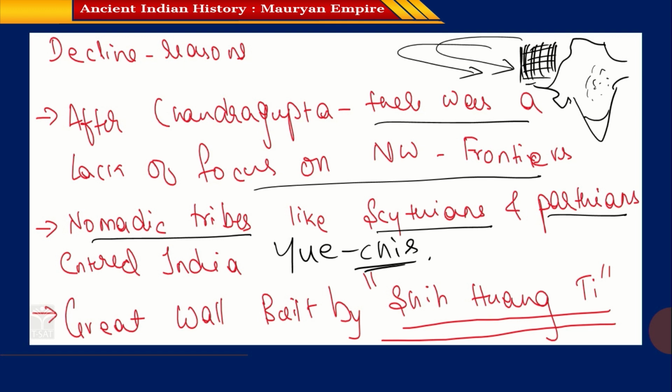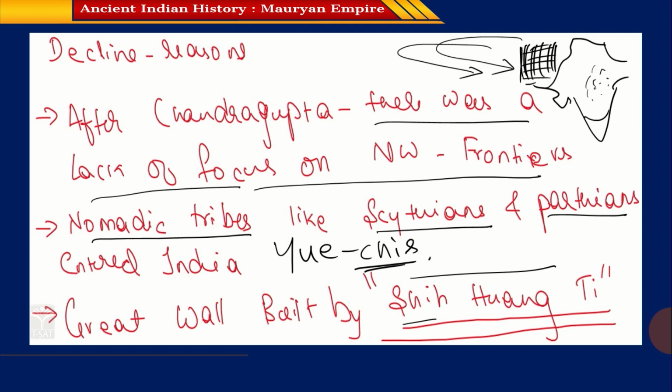Now a question has come in a previous year: why did these people come only during this period? Because previously these Central Asian tribes, from the region of present-day Tajikistan and Uzbekistan, used to invade China. But China built the Great Wall of China to avoid these invaders. The Chinese king Shi Huangdi built the Great Wall.